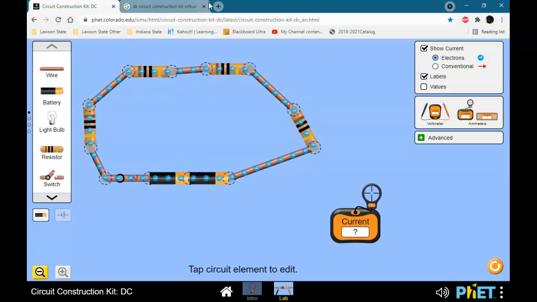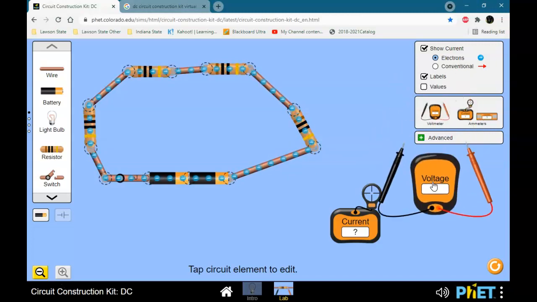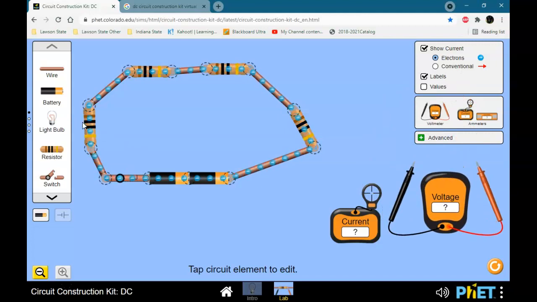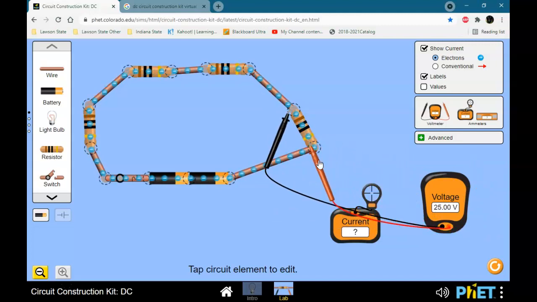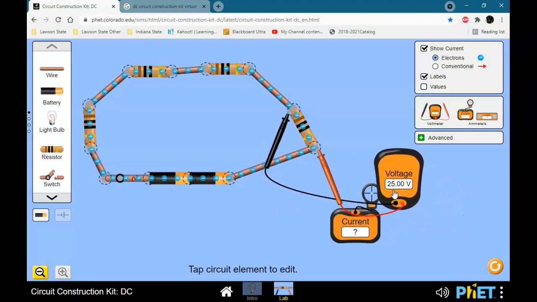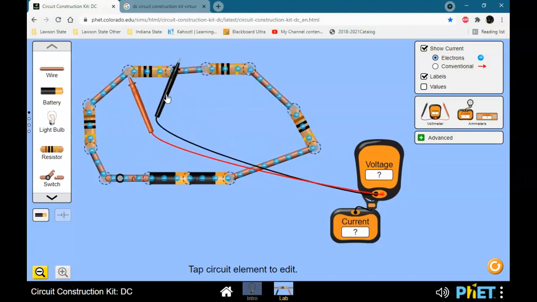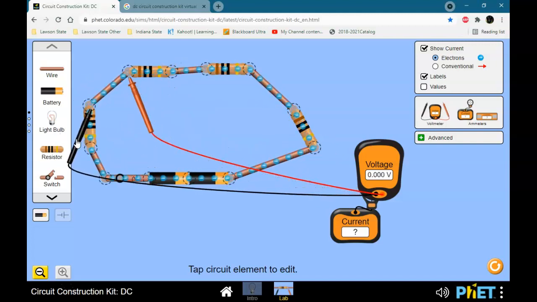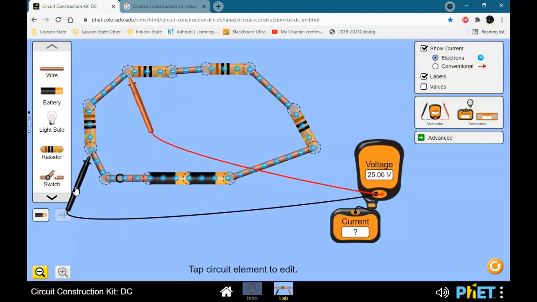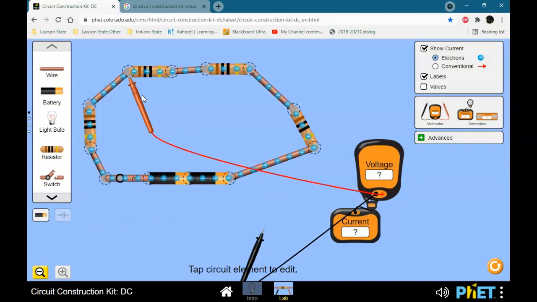Why? Because the current only has one path to flow. I'm going to pull a voltmeter. Since all of these are the same size resistor, when I put my voltmeter to it, I should get the same voltage no matter where I stick this. 25 volts at each one.